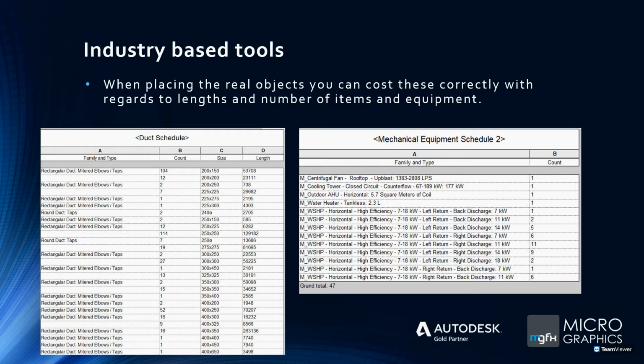It's just the costing that updates. You can also add extra columns here. If I think of the mechanical equipment schedule on the right, the top one is a rooftop centrifugal fan.